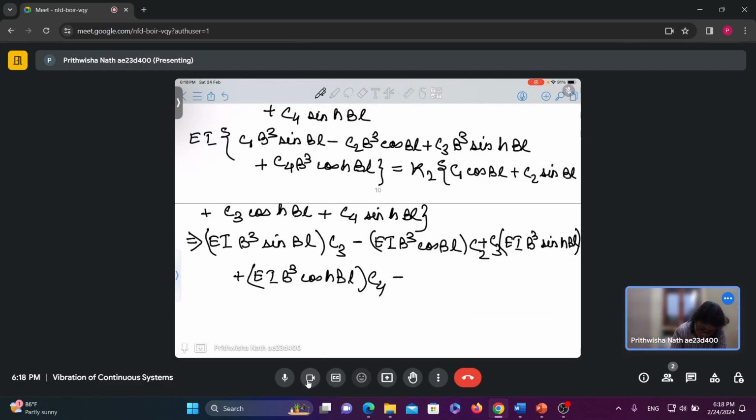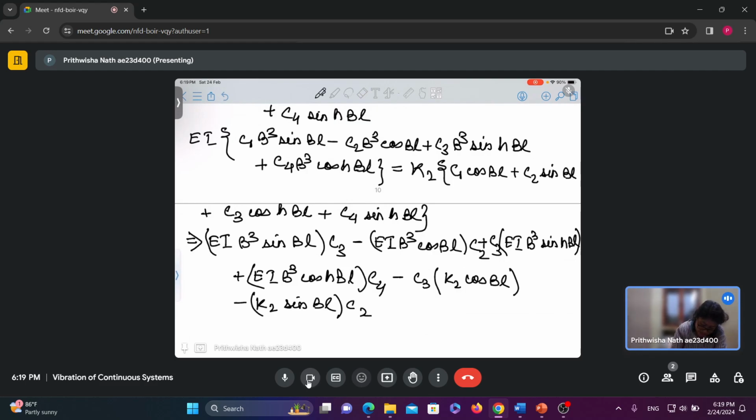Therefore this will become C3 into minus K2 cos beta L, minus K2 sine beta L multiplied with C2.